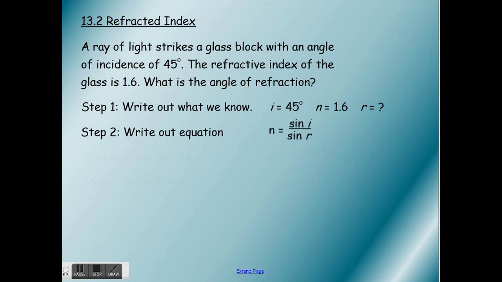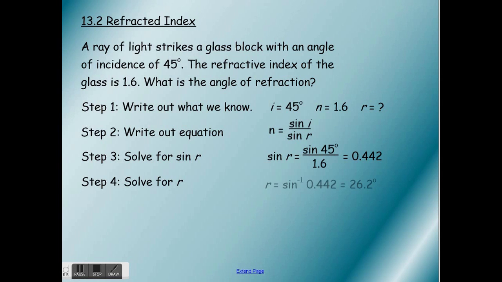Now our goal is just to solve for R. Most of you probably already know how to solve this, but I'm going to take it one step at a time. First we solve for sine R. So sine R is equal to sine of 45, which is our angle of incidence, divided by n, which is 1.6, our refractive index. So sine of R is equal to 0.442. And then lastly, I solve for R itself by taking the sine inverse.